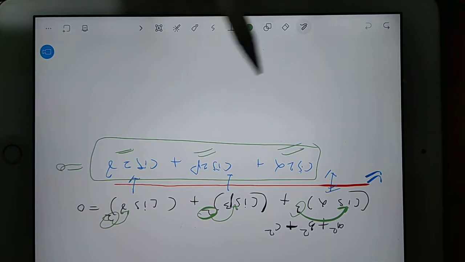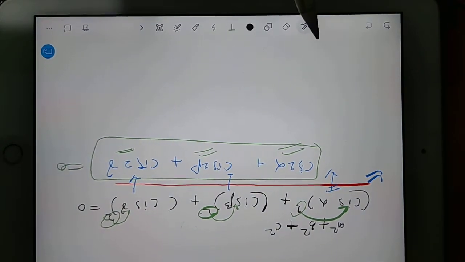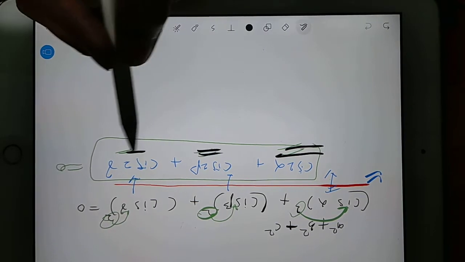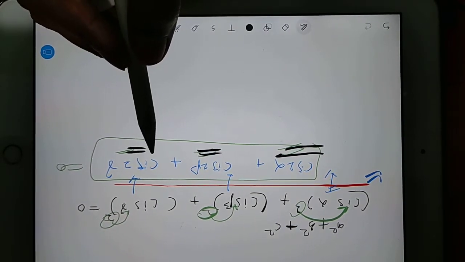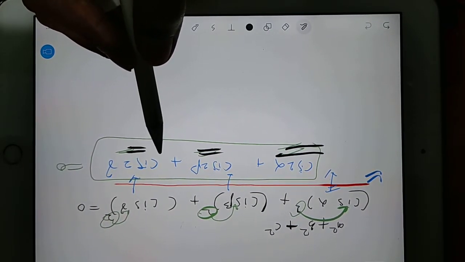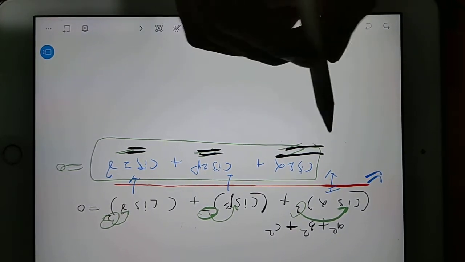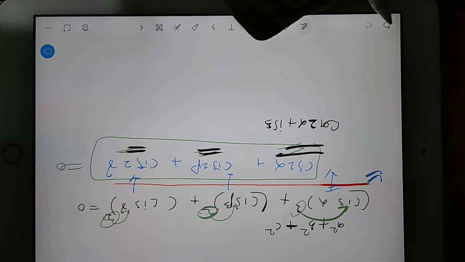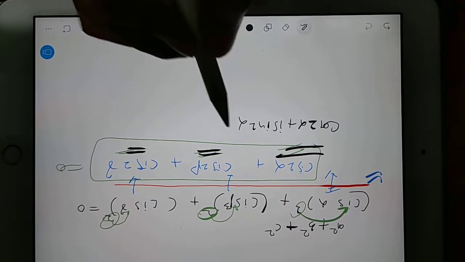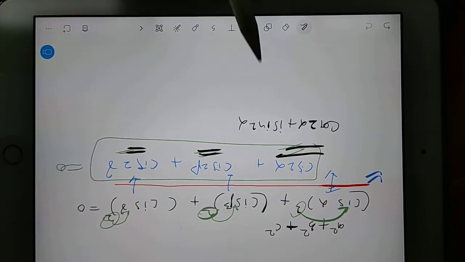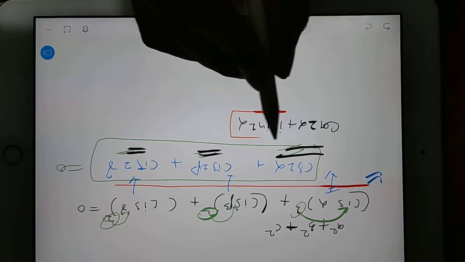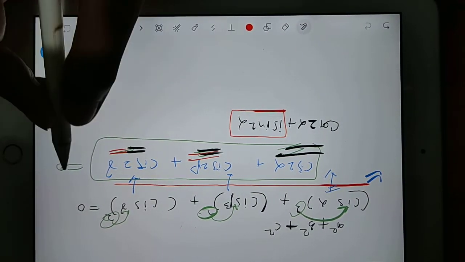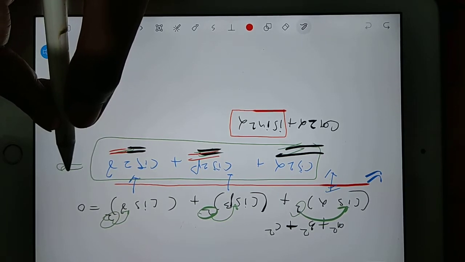Okay. Now one more thing. When you open cis 2 alpha, cis 2 beta and cis 2 gamma, how will it look? Cos 2 alpha plus i sine 2 alpha. So you see here, I am getting i sine 2 alpha. In the same way I will be getting i sine 2 beta and cos 2 beta. Okay.